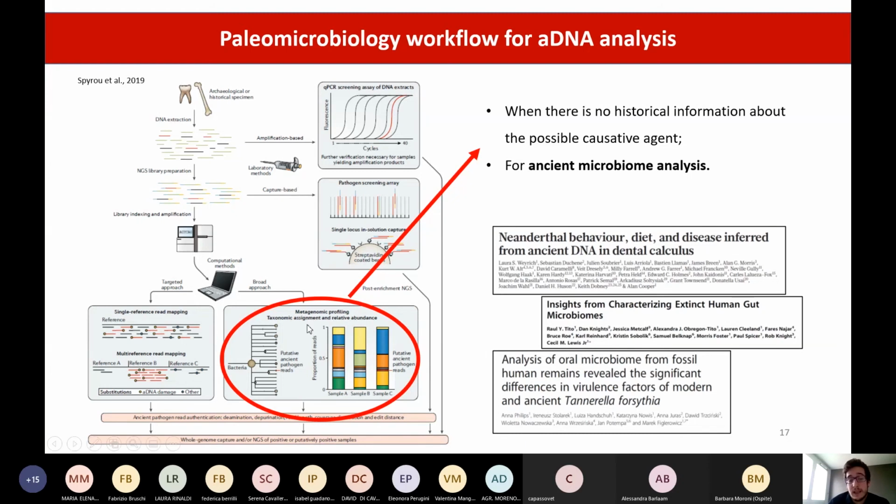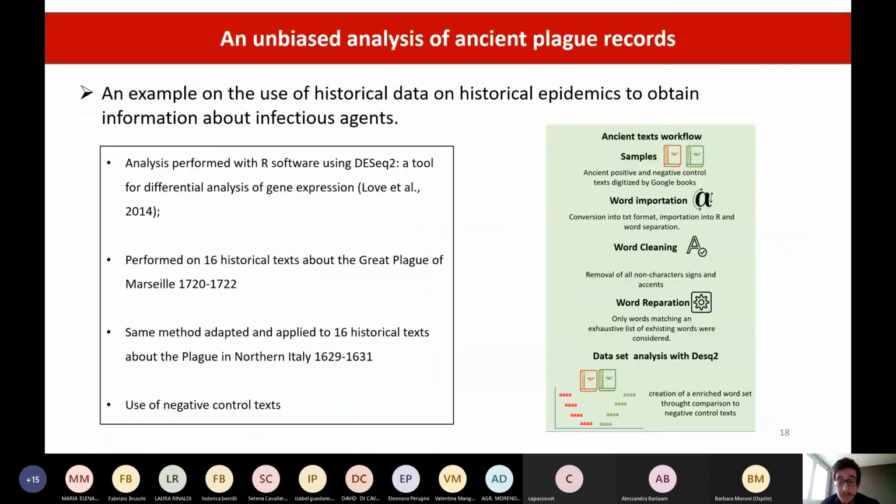And this technique is also used to reconstruct ancient microbiomes. In fact, we have multiple microbiomes from all kinds of regions and time periods. Also, we have a microbiome from the oral cavity of a Neanderthal, dating back more than 40,000 years ago.